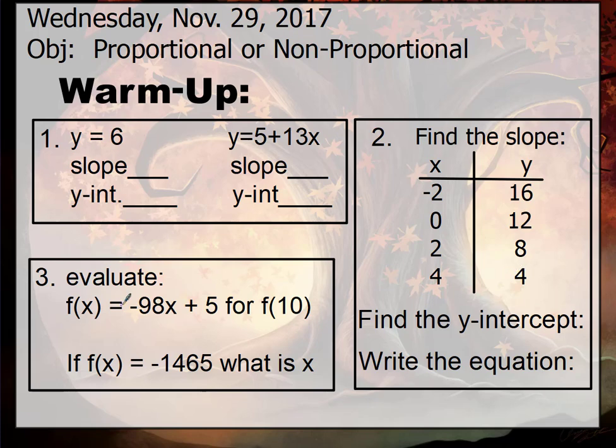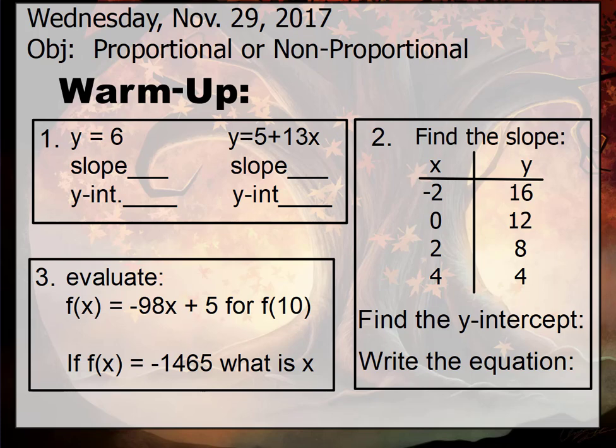And then in number 3, I would like for you to evaluate this function, f of x, for the value of 10. And then if f of x is equal to negative 1,465, what value of x could I put in this spot right here to make this function equal negative 1465? So pause the video and answer those questions for me.